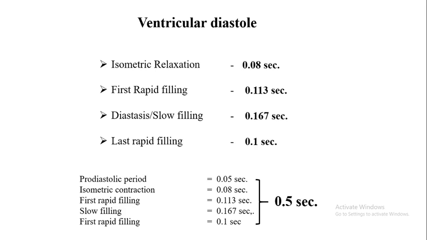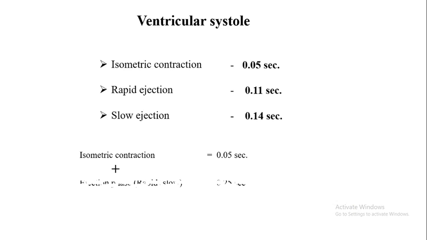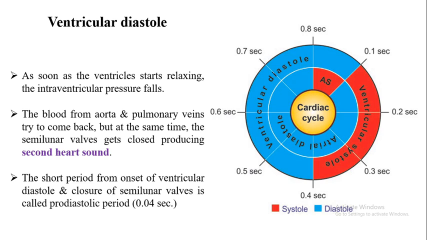When auricular systole is completed, then ventricular systole starts. If we go back to our diagram, we can see that when auricular systole is completed, only then does ventricular systole start.